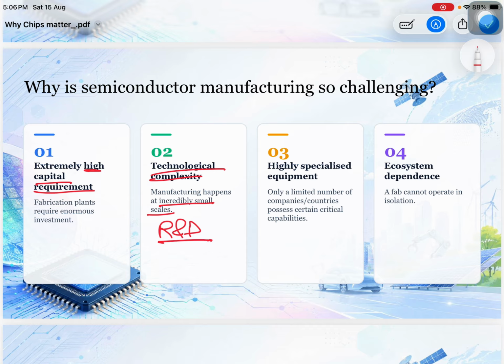And after that, we need highly specialized equipment. This is very similar to high capital requirement. Specialized equipment in this industry will naturally demand very high capital, because you are literally working in nanometers.